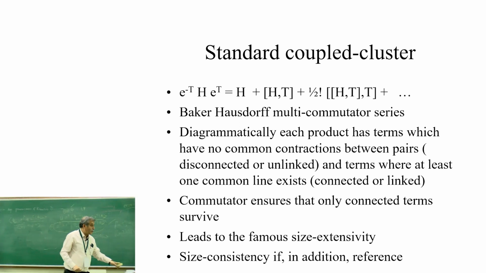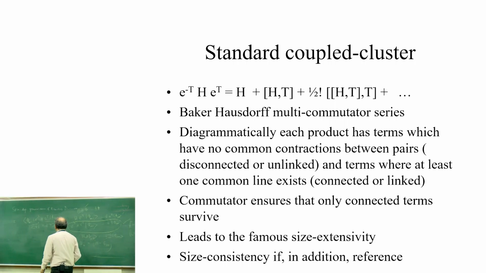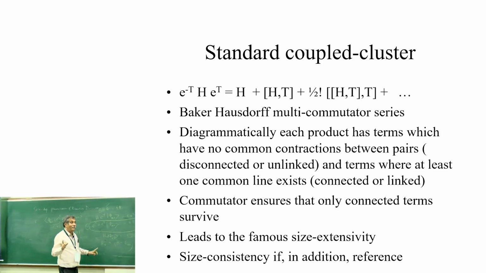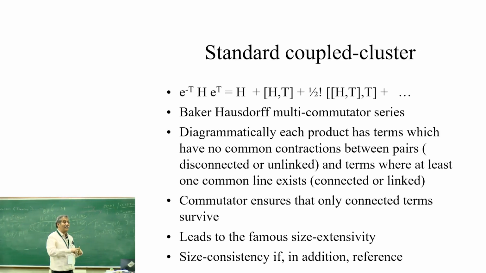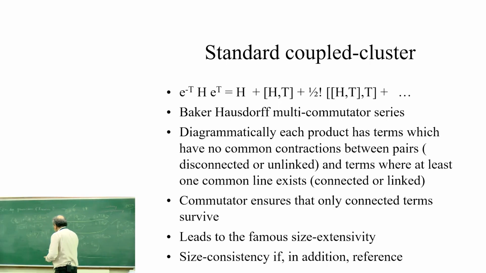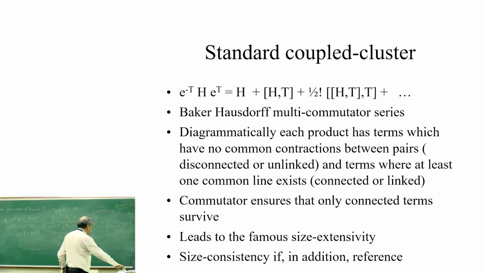Now if I do this, the first thing that is going to happen is that this psi is not 1. Because exponential T is not a unitary operator. So exponential T dagger exponential T is not 1. So psi is not 1. That means the energy that I wrote is not correct.